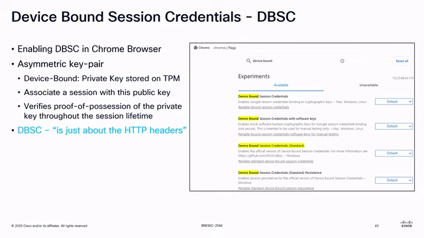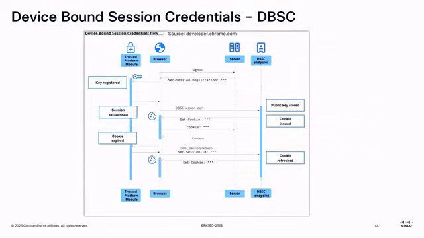And with this public-private key processing, the server can validate that the session belongs to the originating device. And with this simple concept, in theory, stolen cookies become useless to an attacker unless they also get access to the private key.